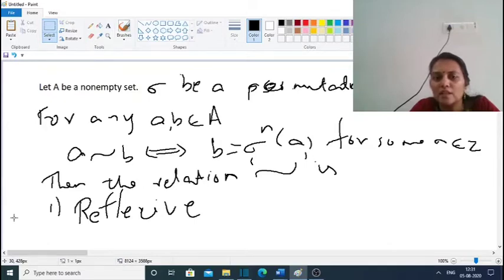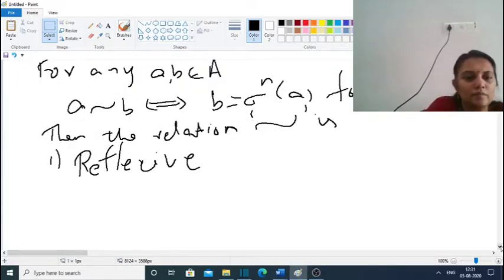Then we have to show that this relation is an equivalence relation. For that we have to show that it is reflexive, symmetric, and transitive. First we have to show that it is reflexive.